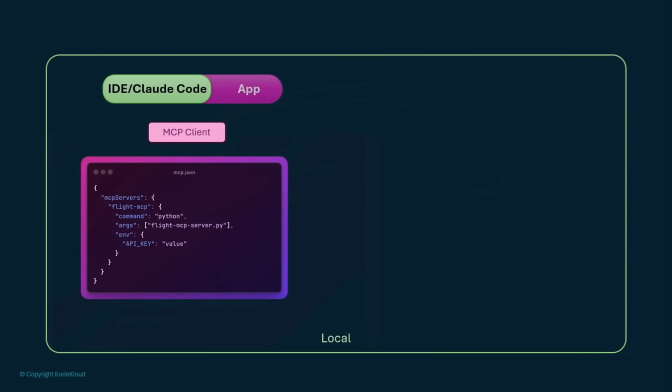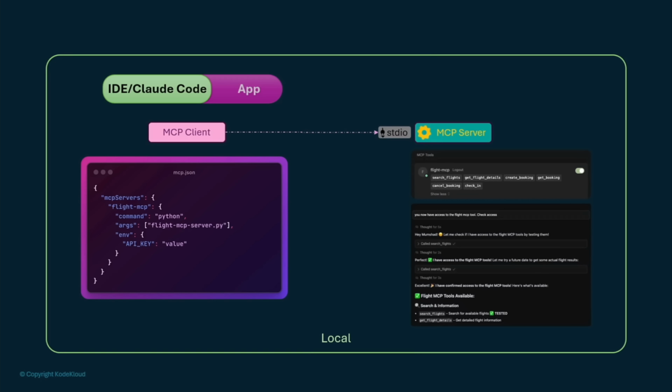Let's first look at how to configure an MCP server locally. If you're configuring your IDE like Cursor or Windsurf, or tools like Claude Code, to use an MCP server, they come with an MCP configuration file, such as the mcp.json file for Cursor. It is a JSON file that has a high-level object called mcpServers, and that contains a list of MCP servers under it. In this case, we have the flight MCP.